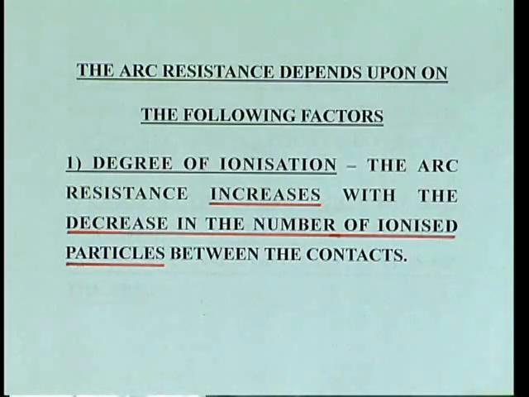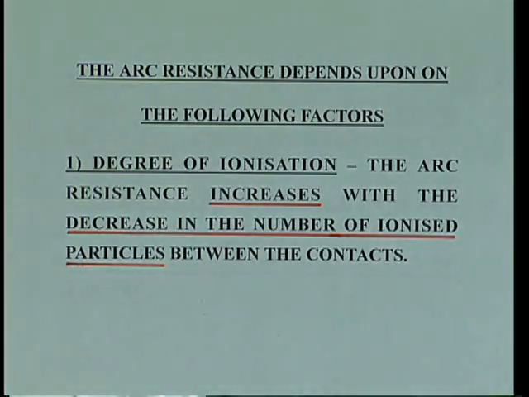Here ionized particles means the air molecules divided into positive ions and electrons. These ionized particles are good conductors of electricity, therefore they decrease the resistance. If the ionized particles are more, the resistance decreases. If the ionized particles are decreased, the resistance increases.